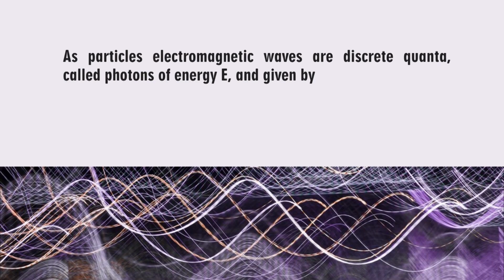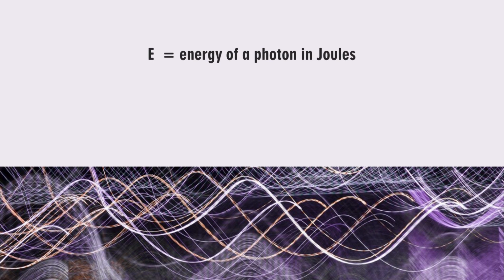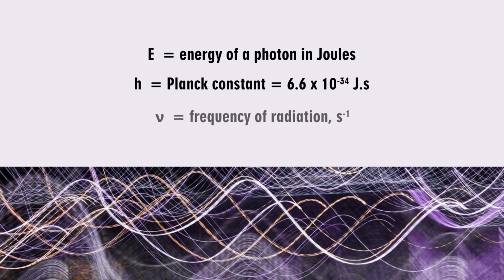As particles, electromagnetic waves are discrete quanta called photons of energy E, given by the formula E is equal to h nu, where E is the energy of a photon in joules, and h is Planck constant, and the value of this Planck constant is 6.6 into 10 to the power minus 34 joule second, and nu is the frequency of radiation, and you know the unit of frequency is 1 upon second, or per second.